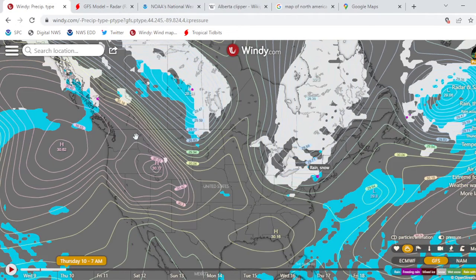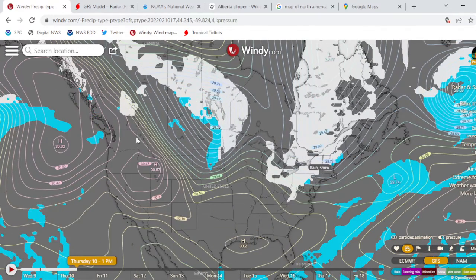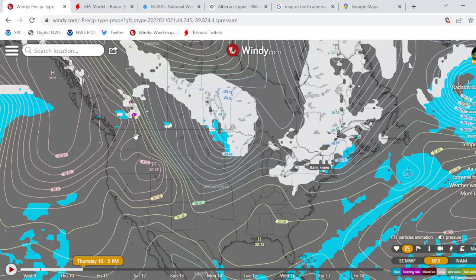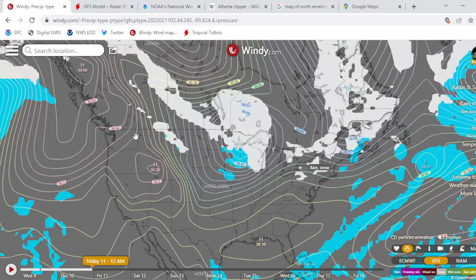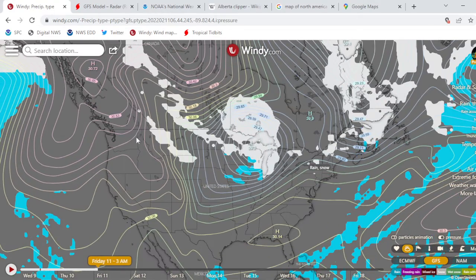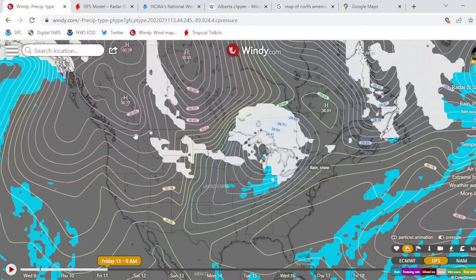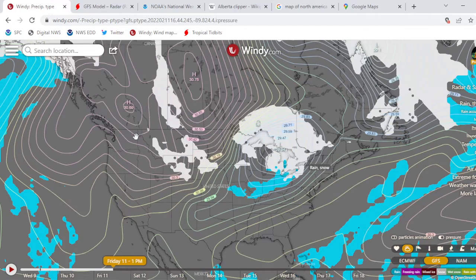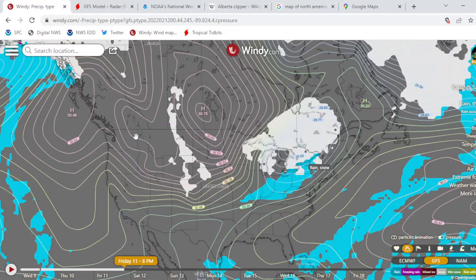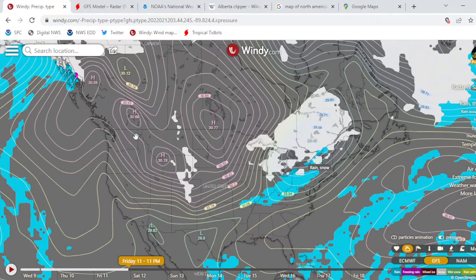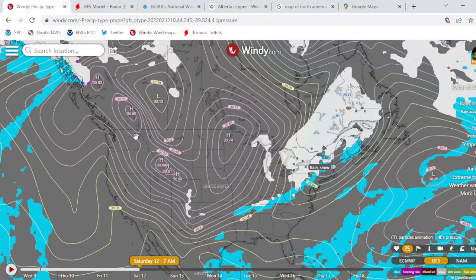What is going to come down? It's going to keep on dropping down out of Canada, and it's going to enter the Great Lakes area, and it's going to head across the northeast, and then it will move on out.